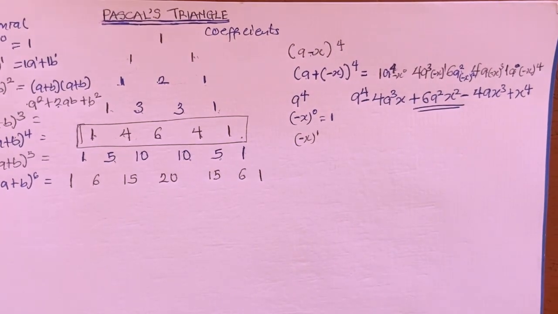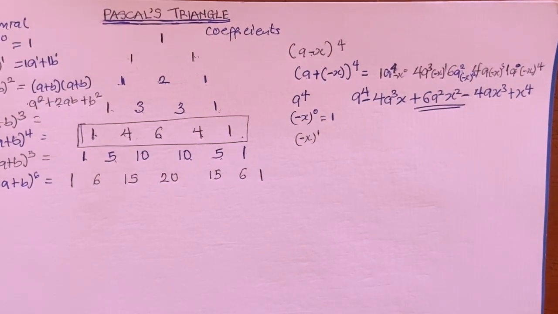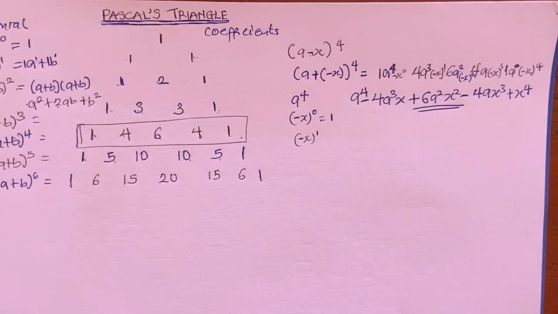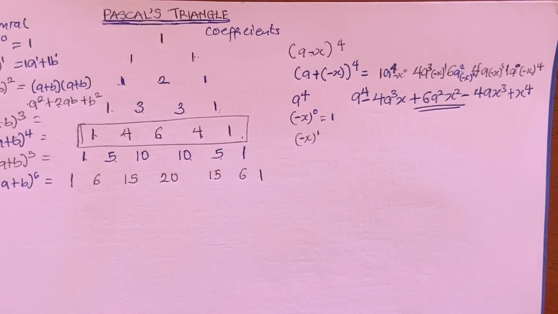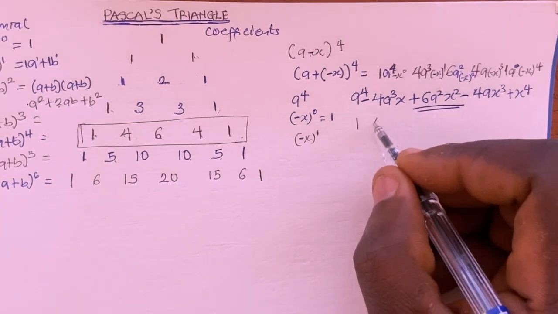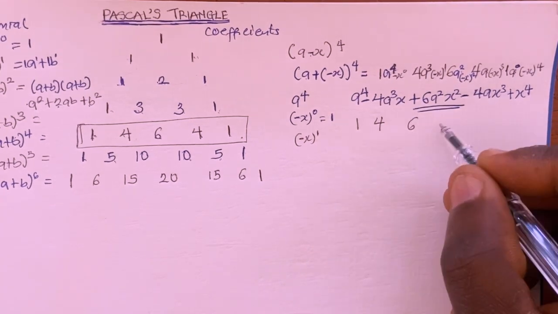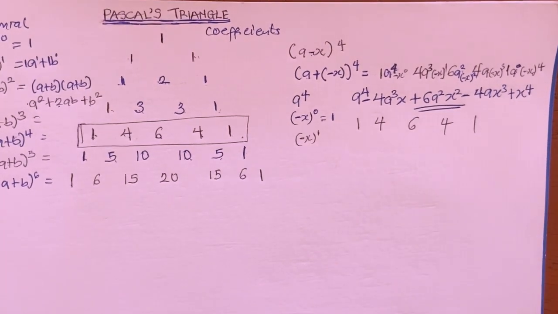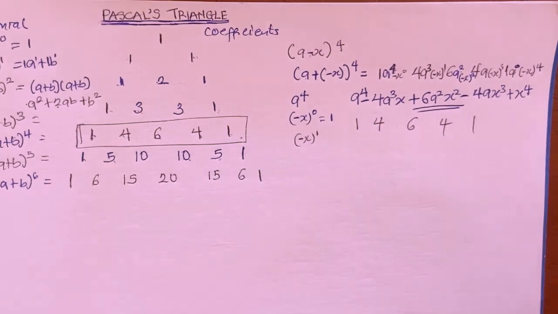So that's just it. Pascal triangle was used to express all the coefficients of the terms that are present in a binomial expression. Now look at this, here I'm going to have 1, 4, 6, 4, 1. So that's it.